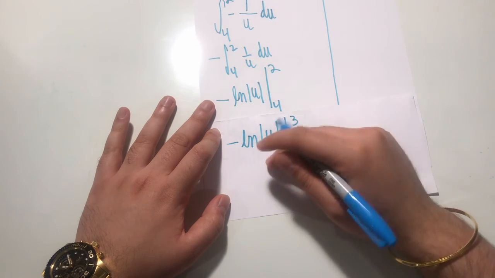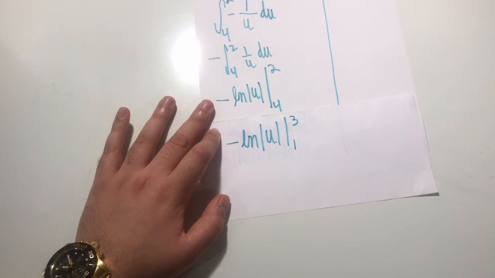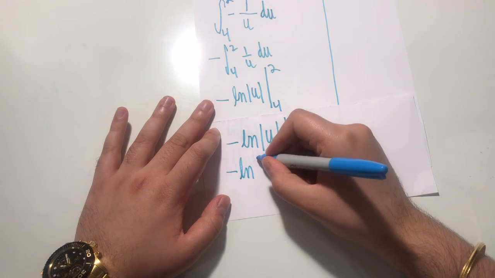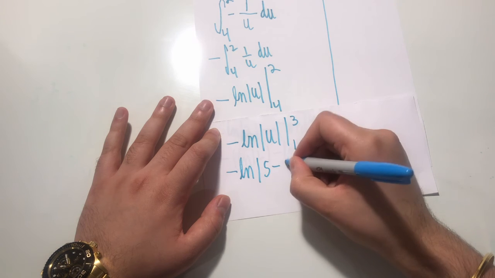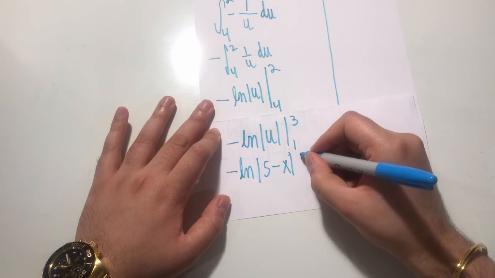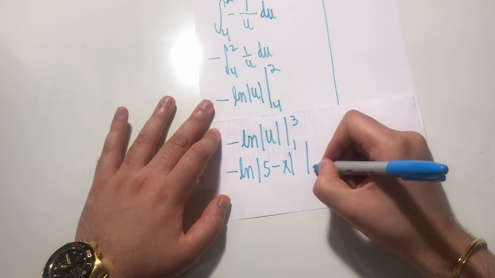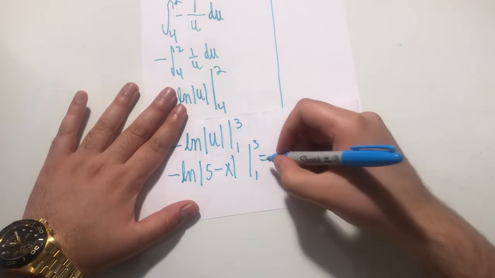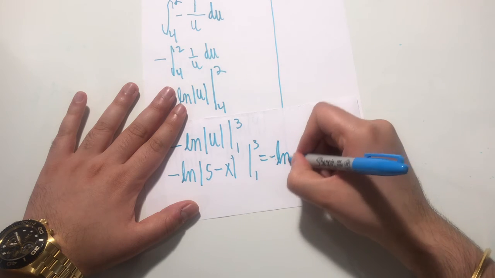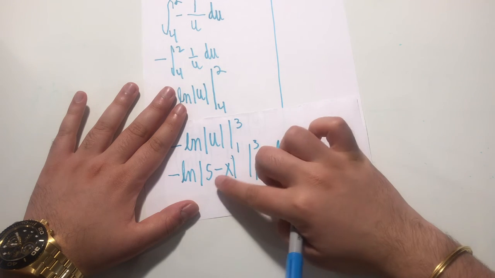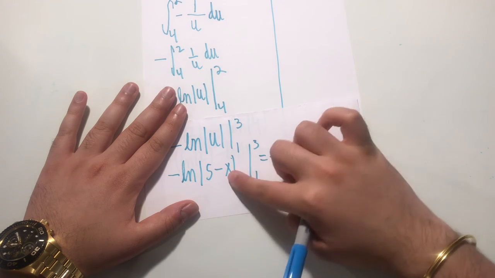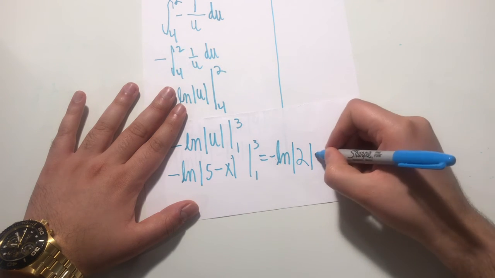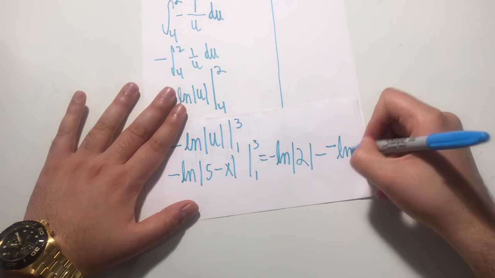And then imagine I replace back in my 5 minus x, negative ln of 5 minus x, and then from 1 to 3. Well, that's going to be equal to negative natural logarithm of what's 5 minus 3? Well, 5 minus 3 is 2. Minus negative natural logarithm.